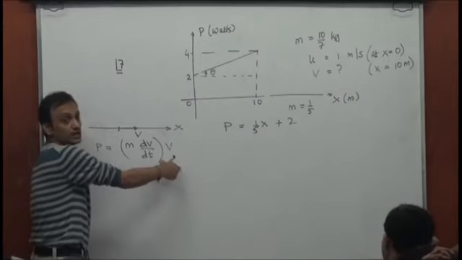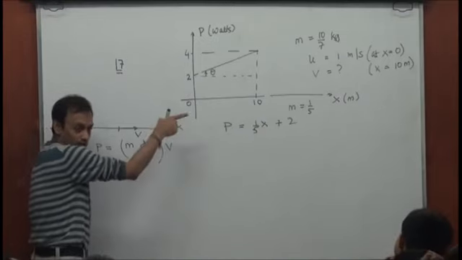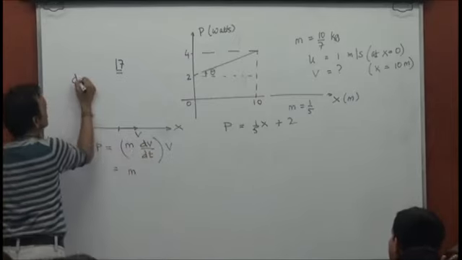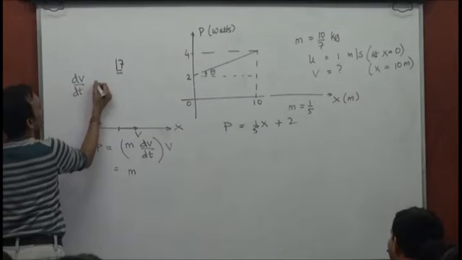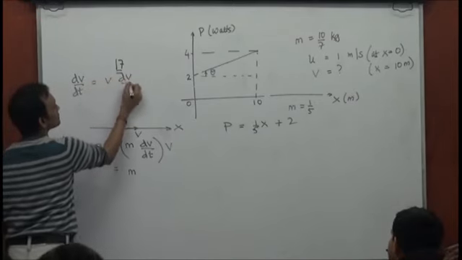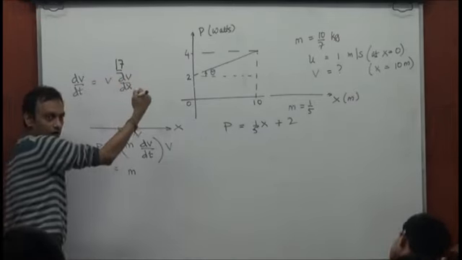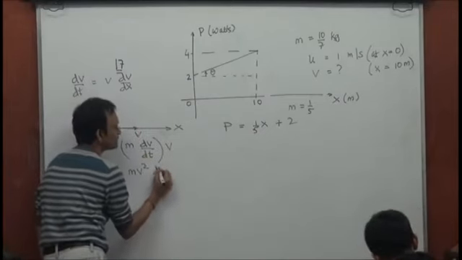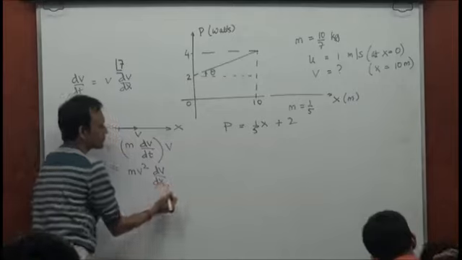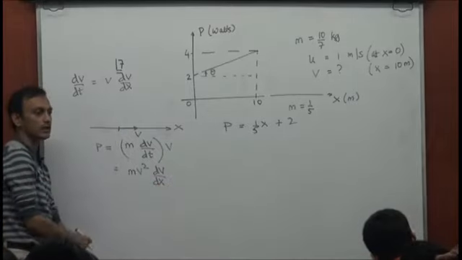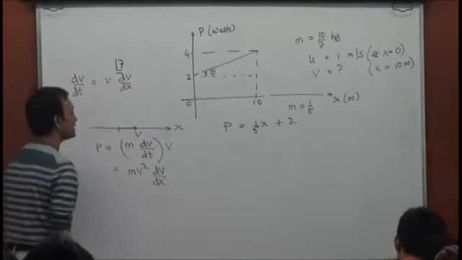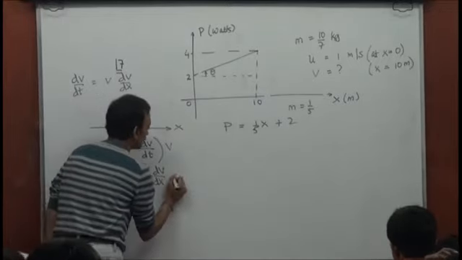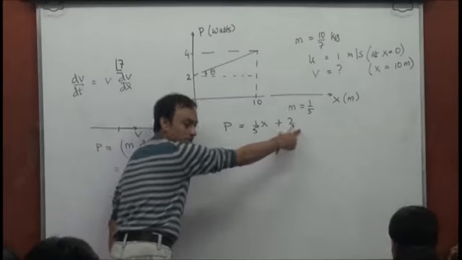Realize that dv/dt is like v dv/dx, all of you know this, right? So I might want to write this as m v squared dv/dx. That's the power at any given x, and that must be equal to 1/5 x plus 2.